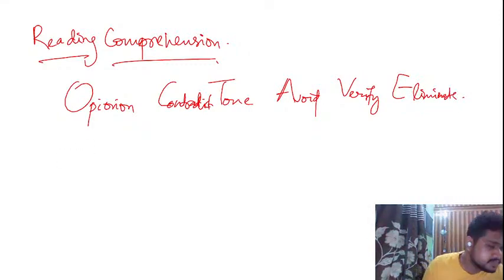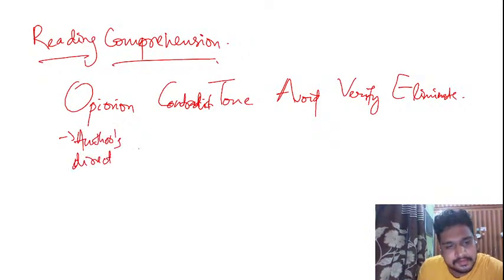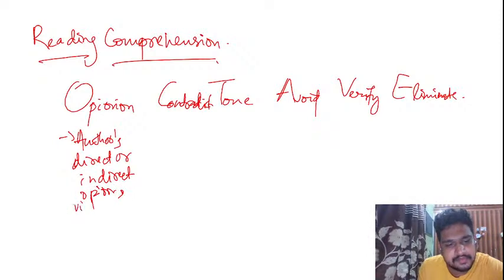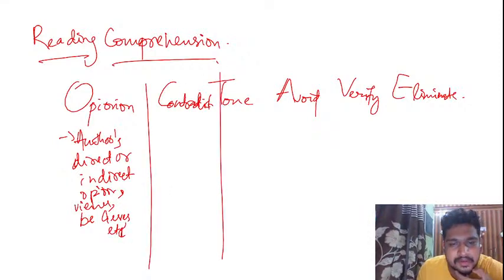What is the opinion? Find out if the author's direct or indirect opinion, views, beliefs, etc. are available. Now, what is this contradiction?